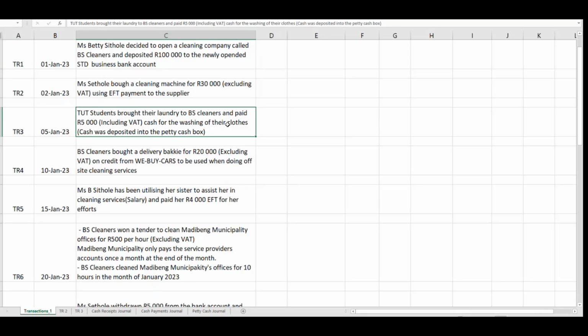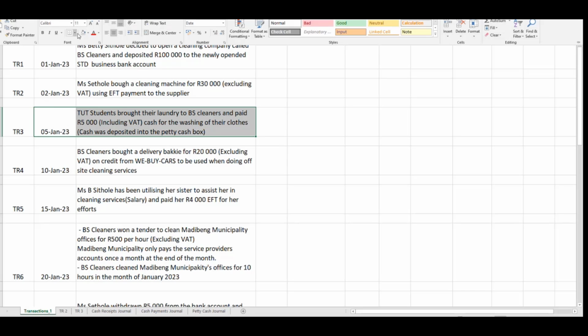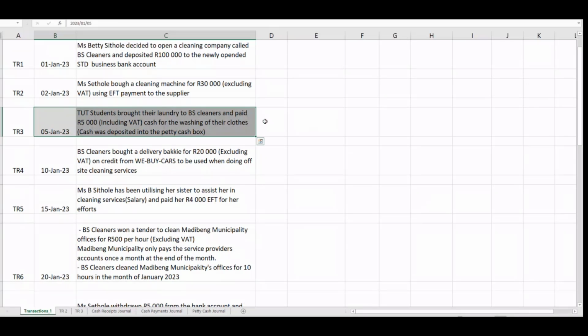So number 3 says we have rendered this service for 5,000. The student bought their laundry. Yes, that's the one I'm talking about. That 5,000 rand here includes VAT, meaning 5,000 already has VAT.